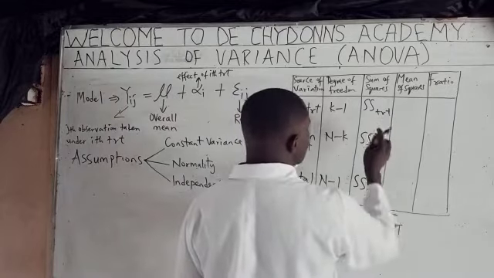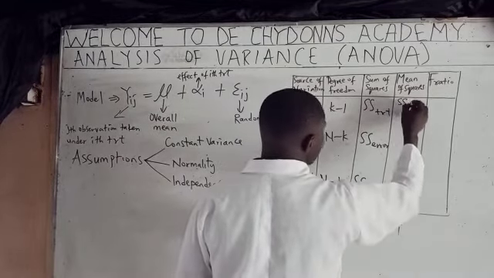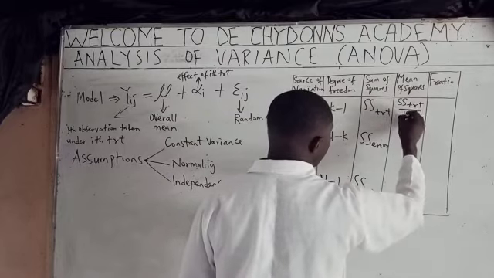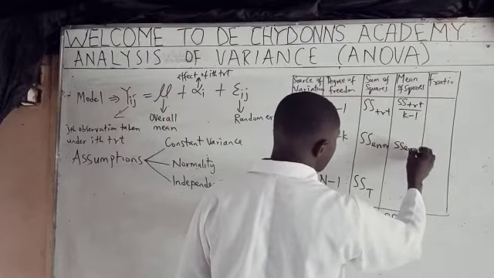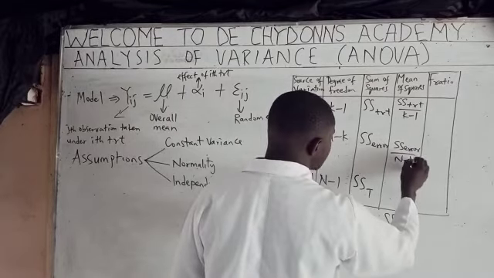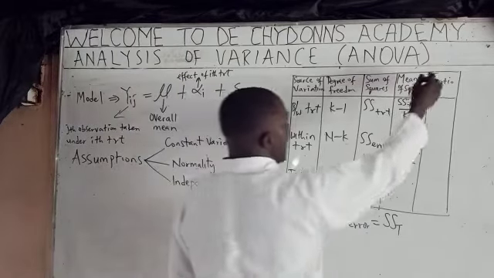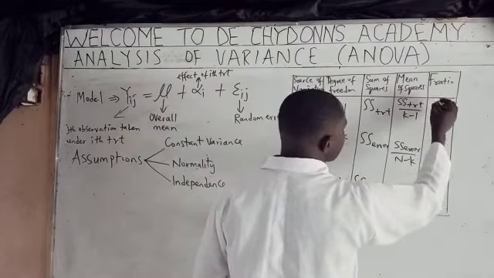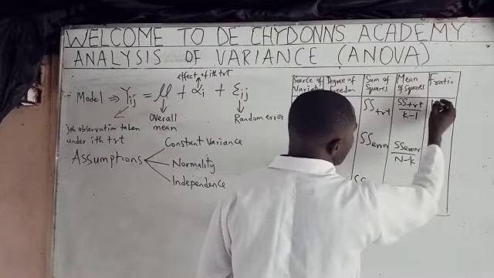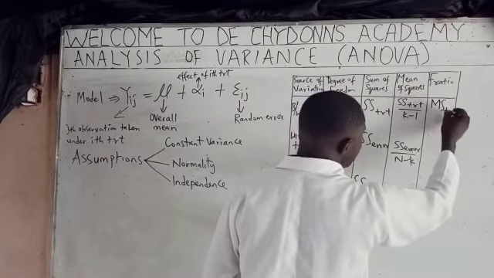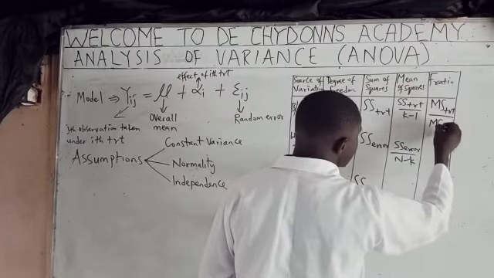Mean of squares means this over this: SS treatment all over k minus 1, SS error all over n minus k. That is for within treatment. Okay? Then F ratio means what you get here, MS treatment all over MS error.